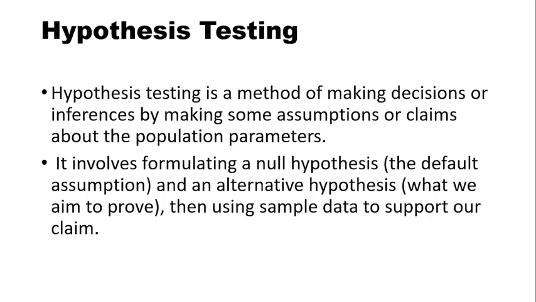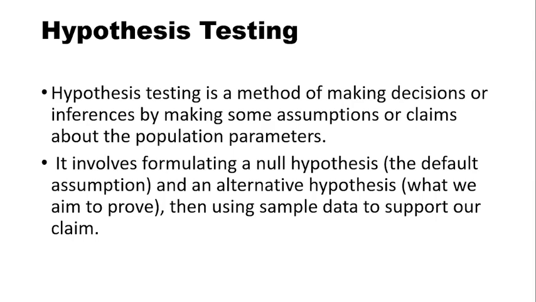What does that mean? It means that, for example, you are making a claim that in Nigeria the average earning of a household is 100,000. That is a claim, and that is a null hypothesis.